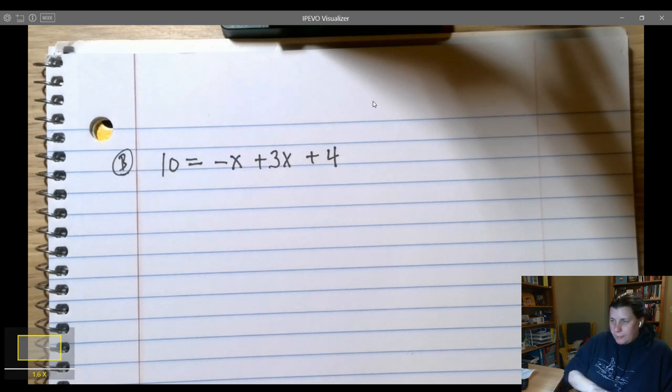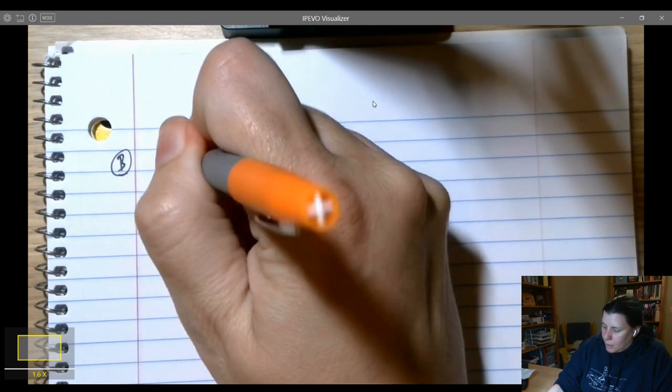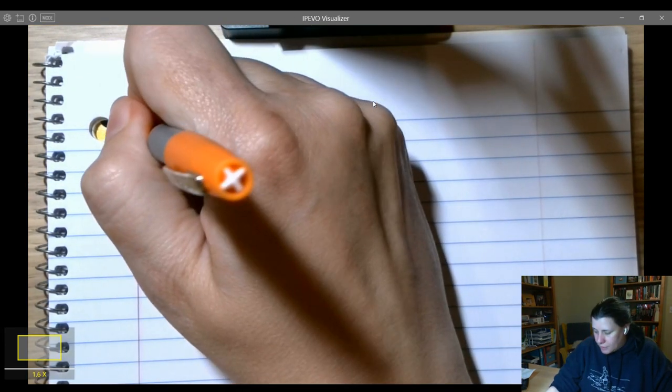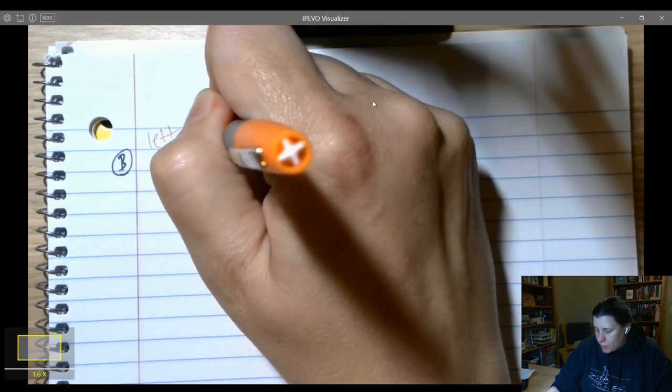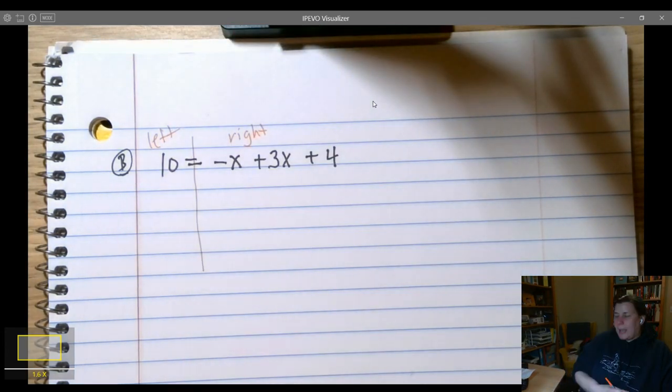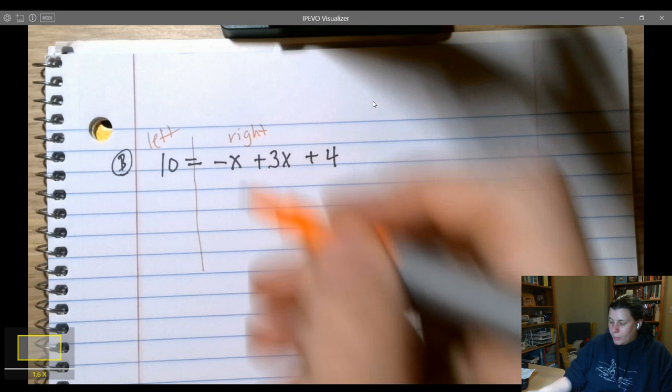All right, welcome back. Cool. I'm going to start here again by making my equation line, so I'm separating the left expression from the right expression. In this case, my left expression is already simplified as low as it can go, but the right side expression could definitely be a little more simple.